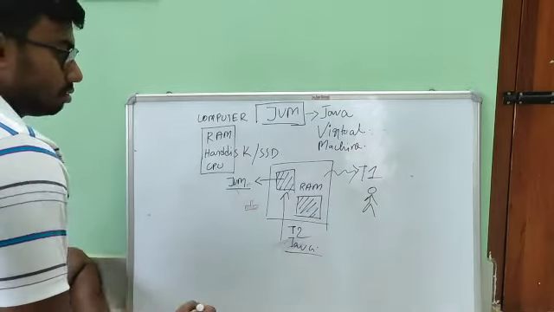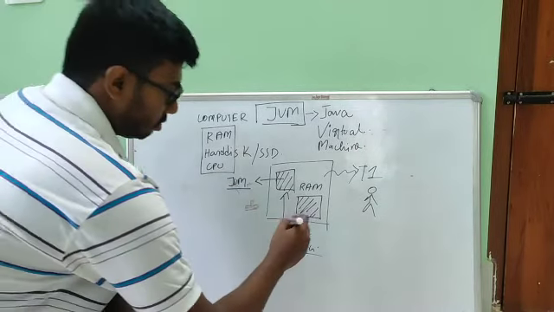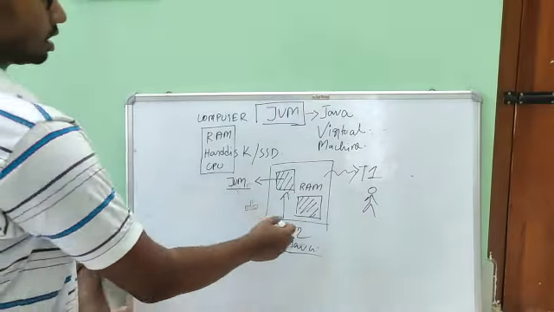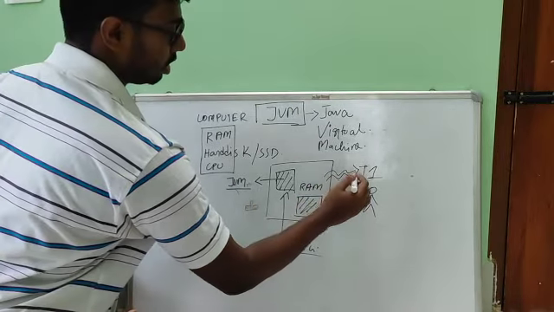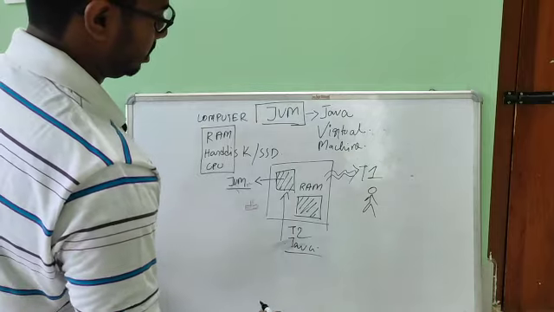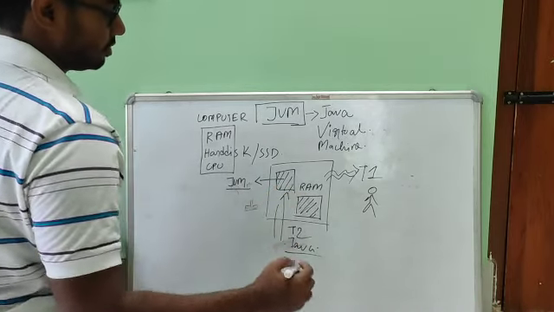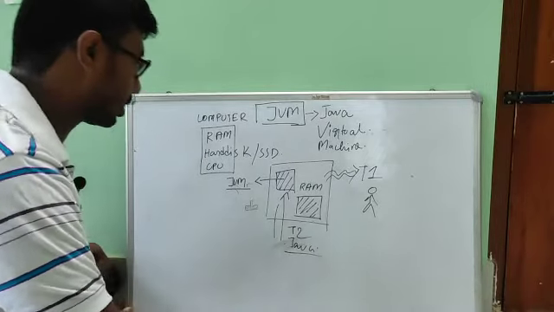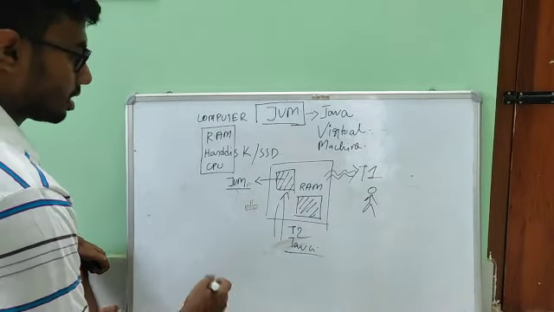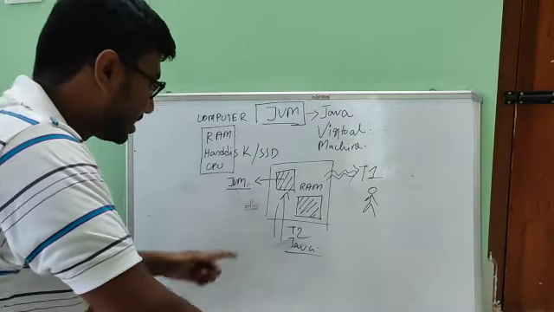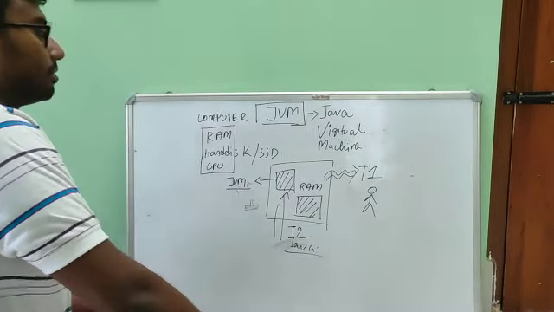Now what will happen is T1 will run separate, T2 will run separate. This is thread safety in Java. I hope you understand. So that is why Java is platform independent and thread safe.